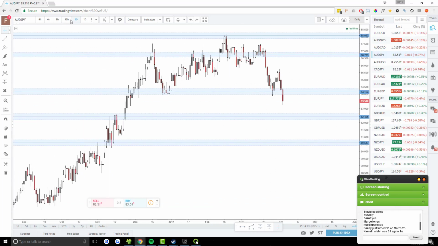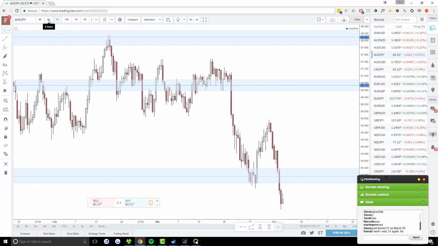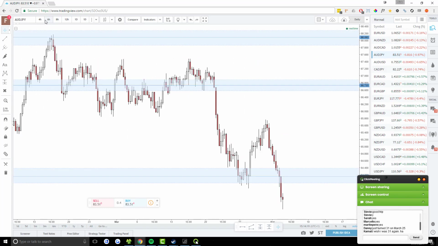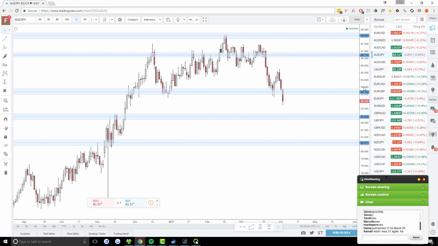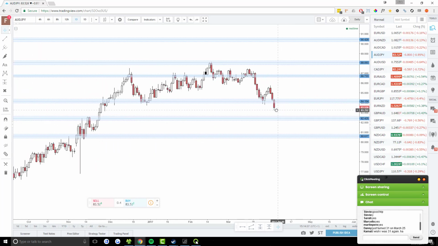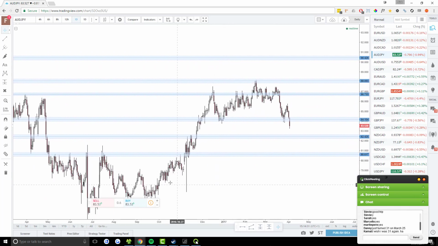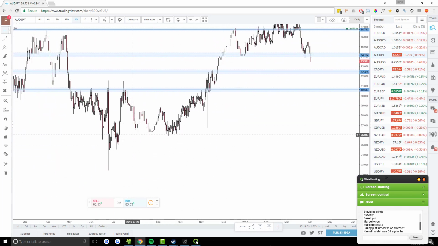CADJPY, what's up with CADJPY? Ooh, it's making new lows. This is definitely trending down now. I'm kind of curious what's going to happen with this one.